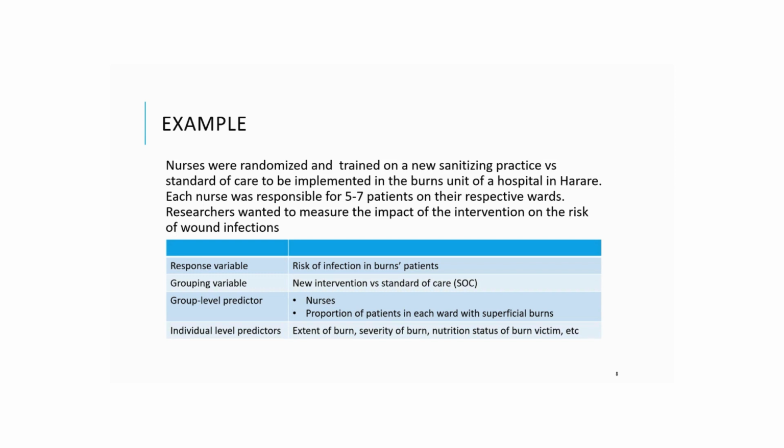So you want to capture that in your study. And the individual level predictors could be things like the nutrition status of the burn victim, and these we know can impact whether a patient gets their wounds infected or their wounds healed properly. Okay, so that's a good example for you to go over and think through.